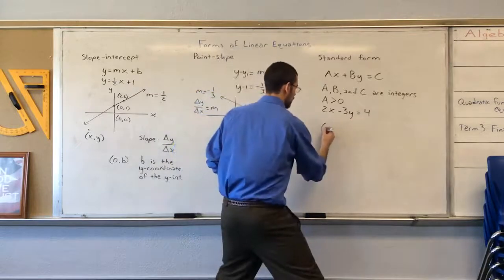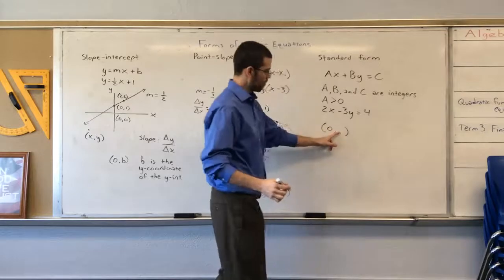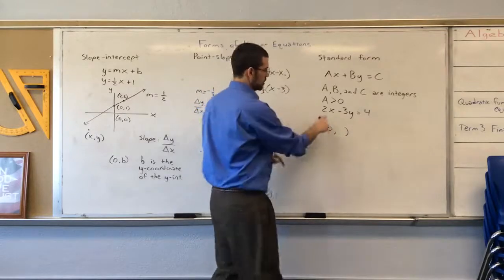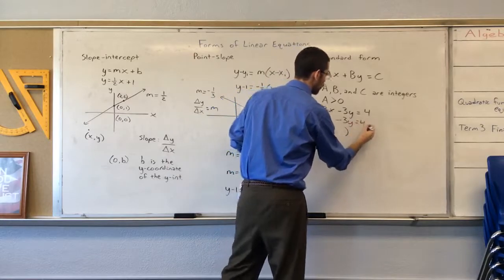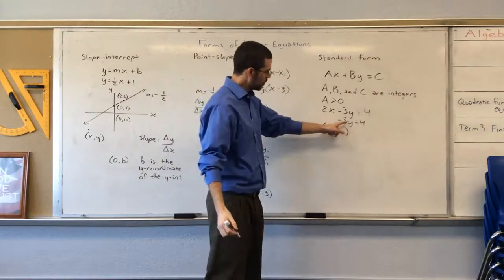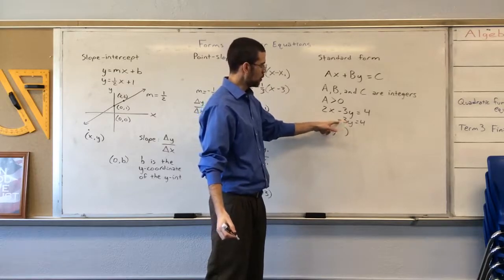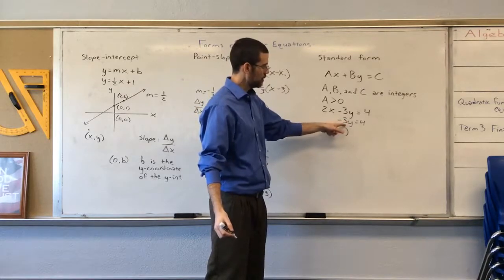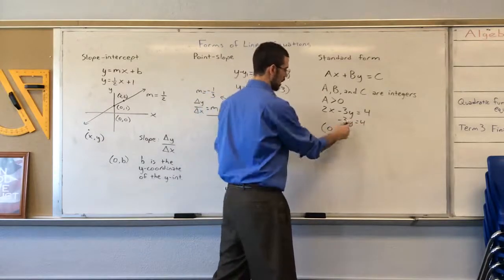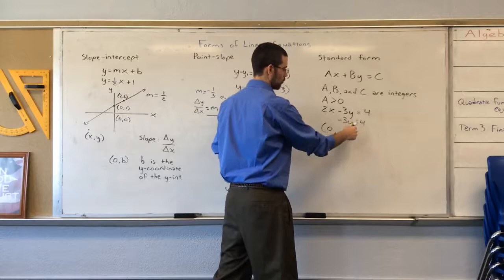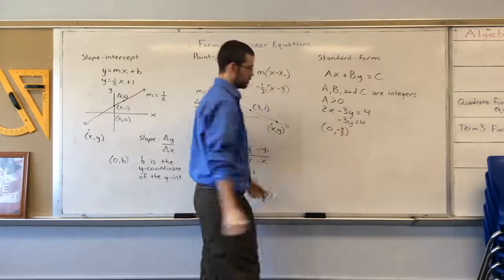So let's say x is 0. What would y have to be? Well, this is 0 minus 3y equals 4. Solving for y, we would undo the multiplication. So instead of multiplying by negative 3, we divide by negative 3 on both sides of the equation. That gives us y equals 4 divided by negative 3, or negative 4 thirds.